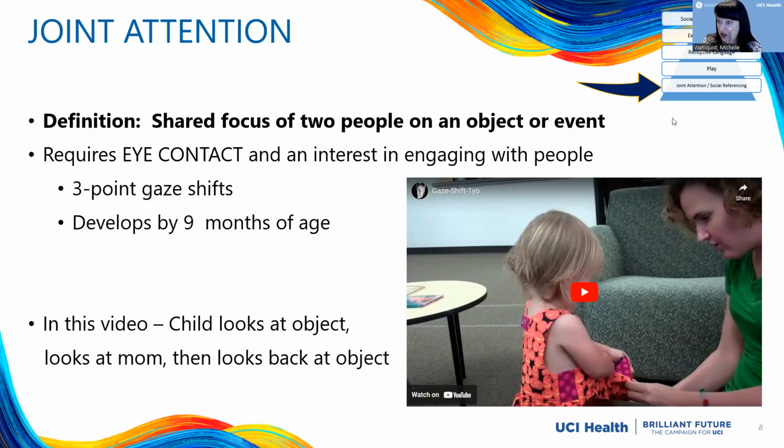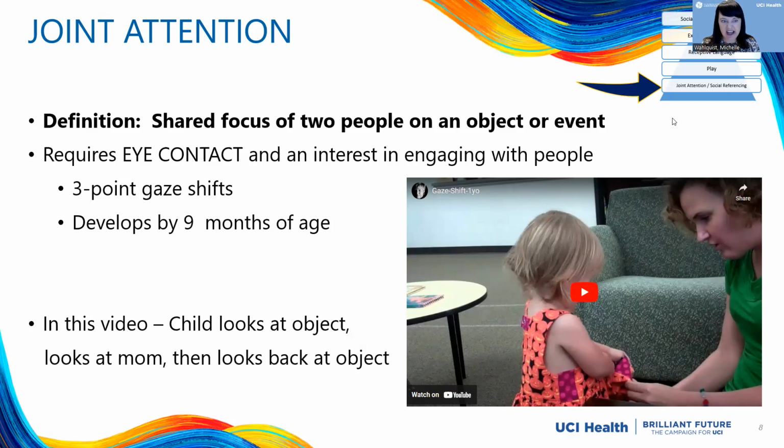What I'm going to do if I have good joint attention is I'm going to look at this cool pen, I'm going to look up at my parent, and then I'm going to look back at the pen to say, hey, did you see this really cool pen? Like, whoa, this is awesome. So that shift in eye contact from the pen to my parent back to the pen is called a 3-point gaze shift. And that's the foundation of joint attention.